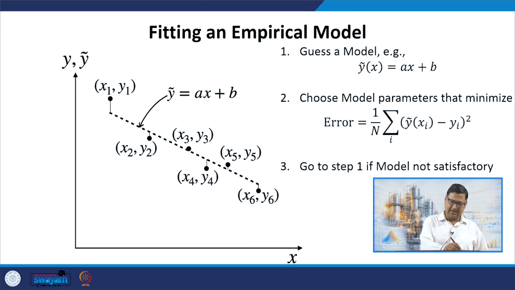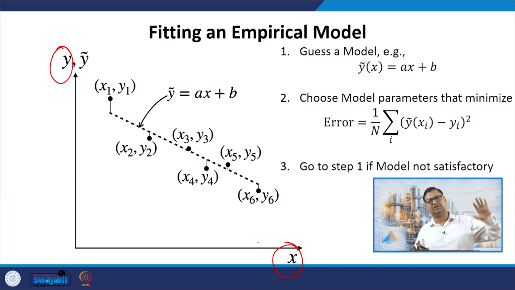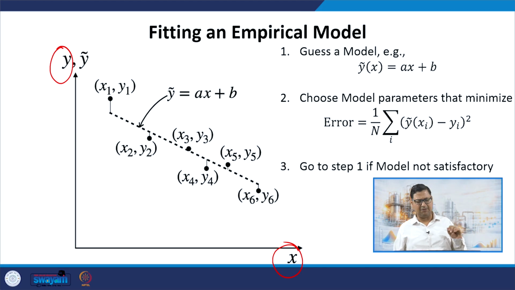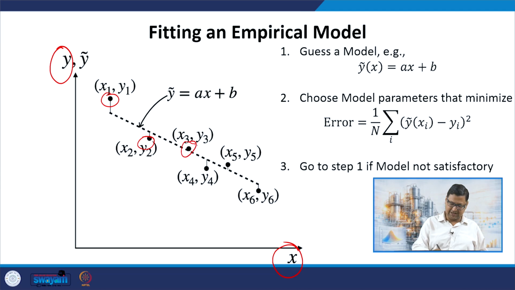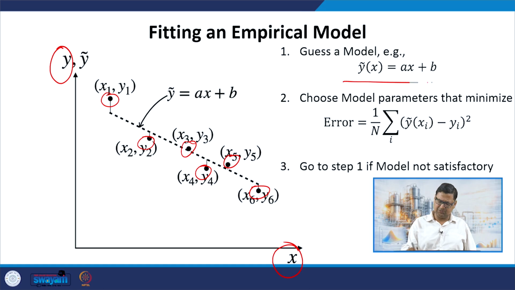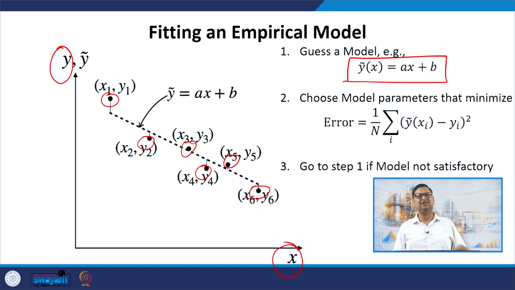So, let us say y is some experimental value that I am getting as a function of some variable x, not the same as the displacement in the example I am doing. I am talking in general about sets of experiments where we have some input variable x and output variable y, and let us say these markers represent different experimental points that I get by doing the experiment. And let us say I assume that we have a linear equation modeling this system, and in this case I assume that it is not a differential equation, let us say it is just a line.